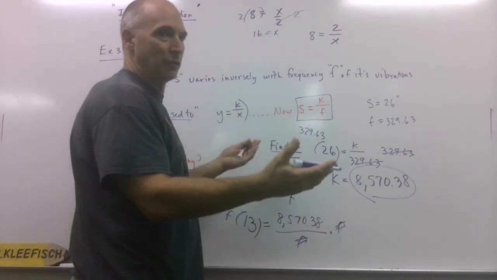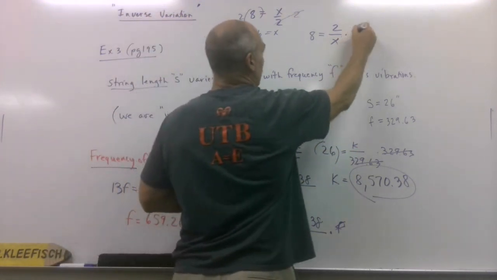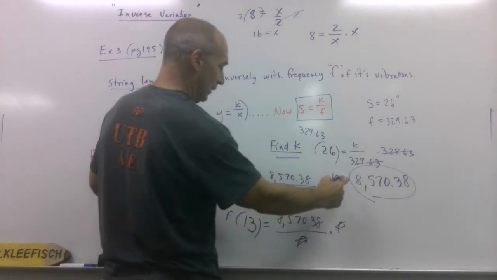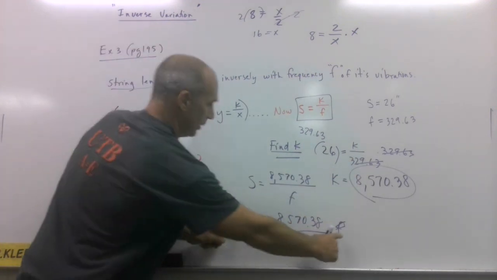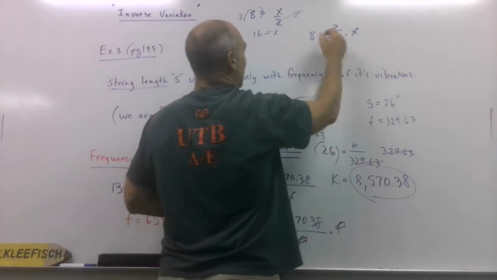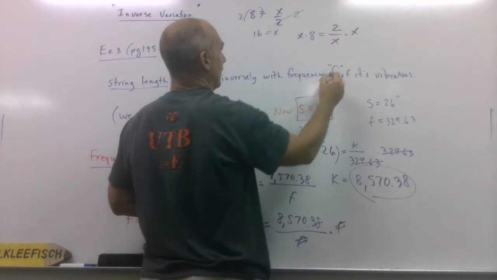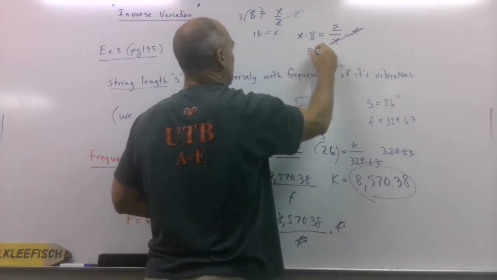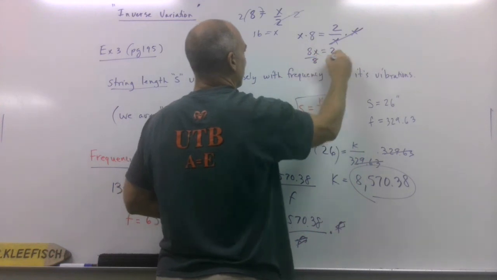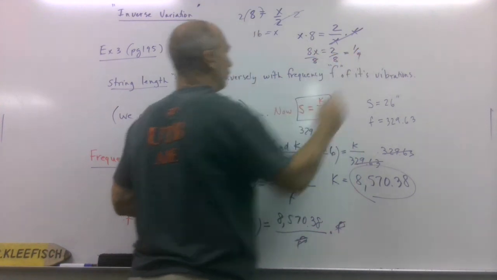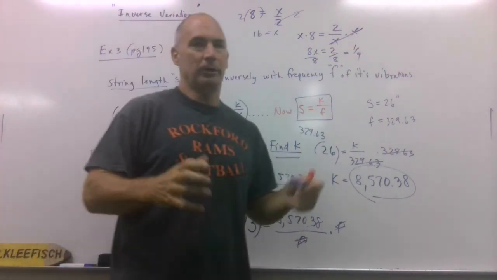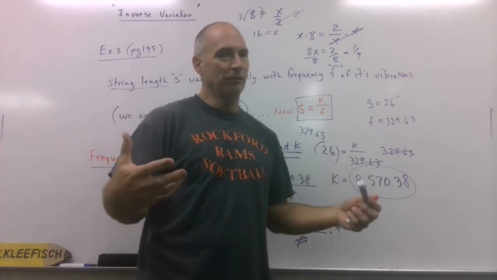You got to understand, you can't have it down there, so you got to get rid of it. I'm just helping you understand what I did here. So that would cancel, but then I have to multiply that side by x. So these cancel. 8x is 2, divide by 8, divide by 8, I get 1/4. So be prepared to have the variable in the denominator, but you have to know what to do when it happens.